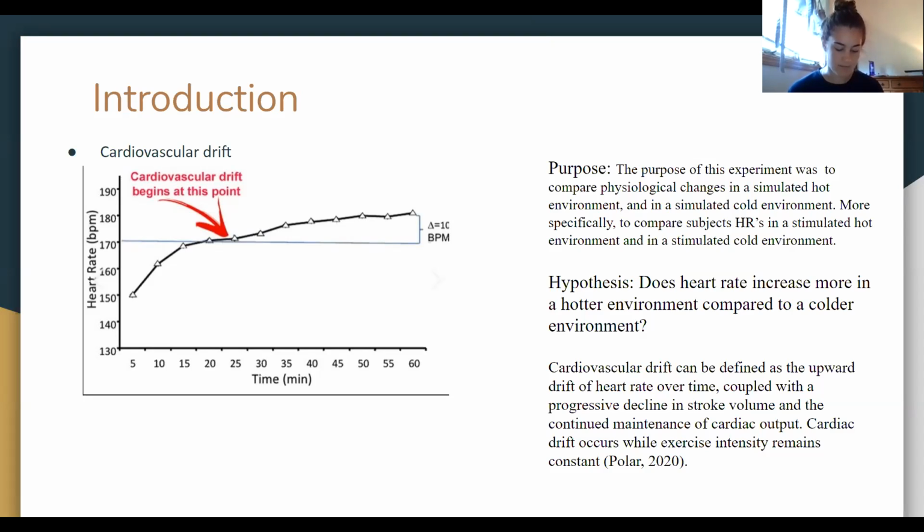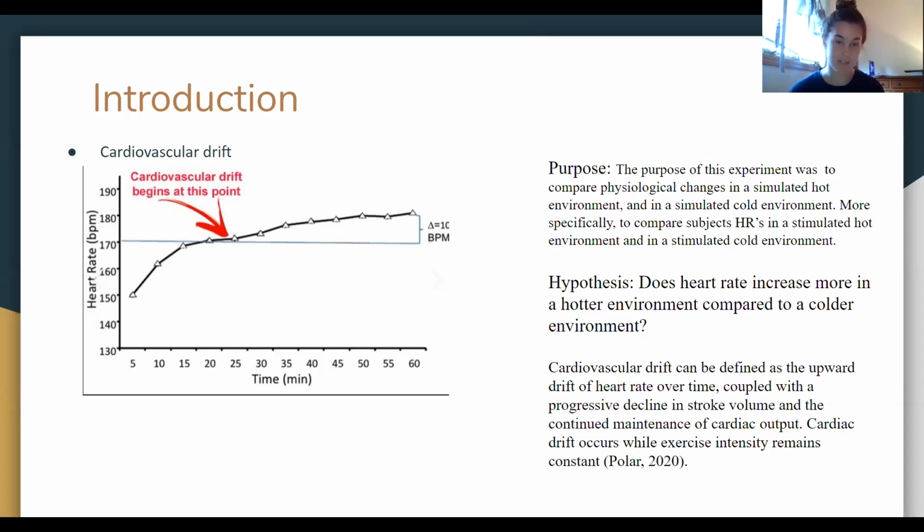However, after this plateau, there can be no increase in the pace or effort, and yet the heart rate can still be increasing for the next phase of exercise, about 20 to 30 minutes into the exercise. So there will be no change in cardiac output due to the decrease in stroke volume and the heart rate increasing.